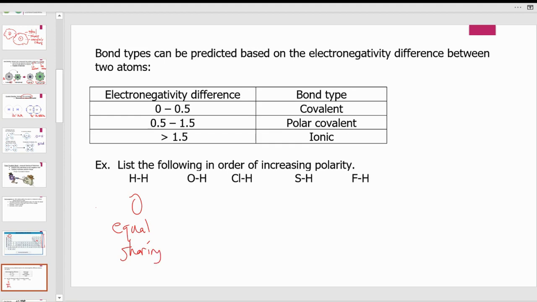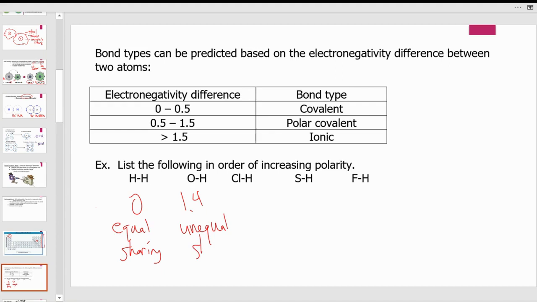I don't know the value for oxygen exactly. I think it's a 3.5. Yeah. So 3.5 minus 2.1 is 1.4. Okay. So the difference is 1.4. And so that's in this range here, isn't it? That's going to be unequal sharing.